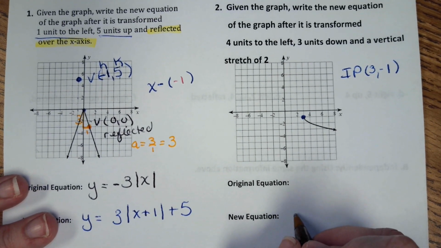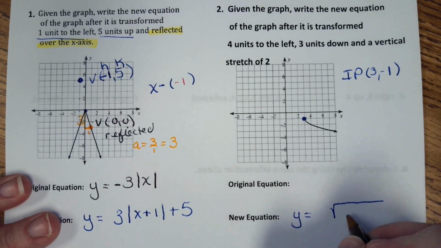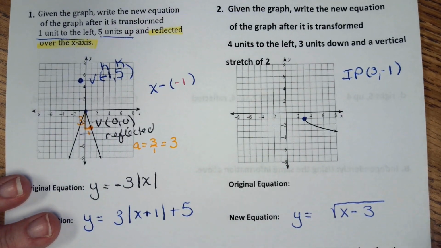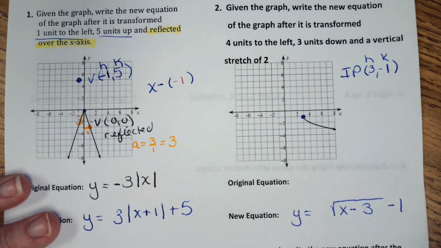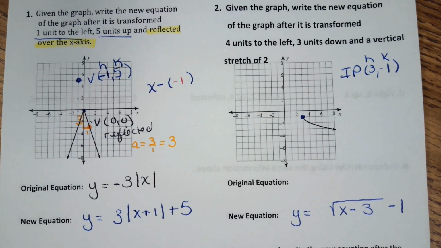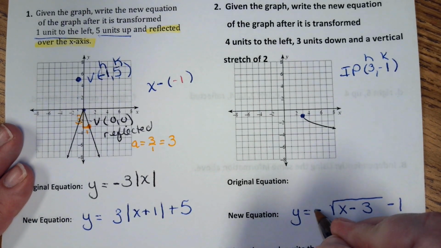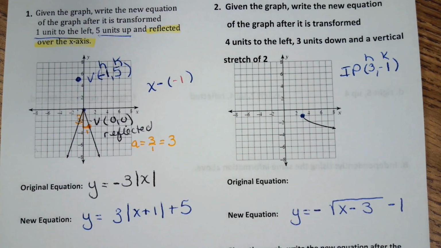So we got y equals the square root of x minus 3, and our k value is a -1. But I noticed instead of opening up, this one's actually opening down, so we have a negative in front. Is that the original equation? Yeah, that's the original equation.